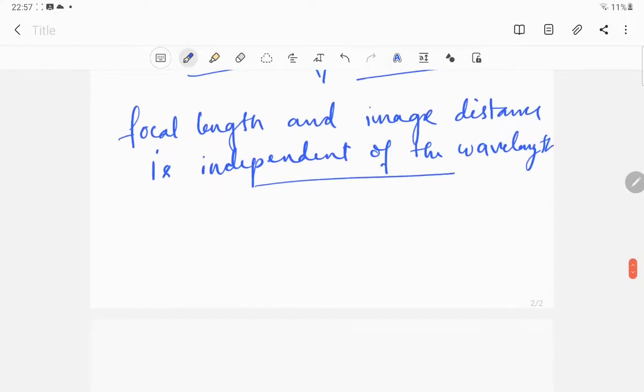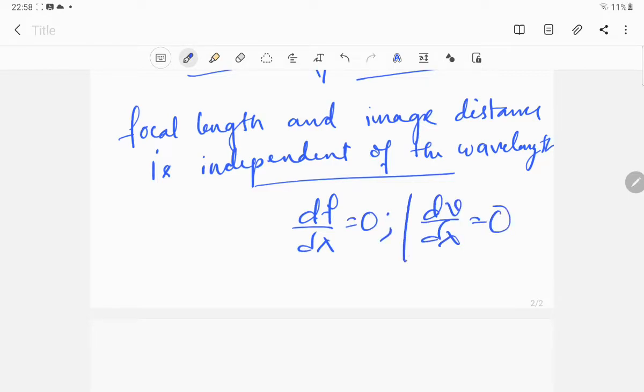So df/d lambda is equal to 0, and dv/d lambda is also equal to 0. So this is a condition for achromatism.